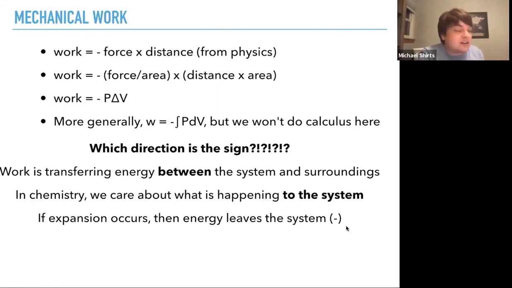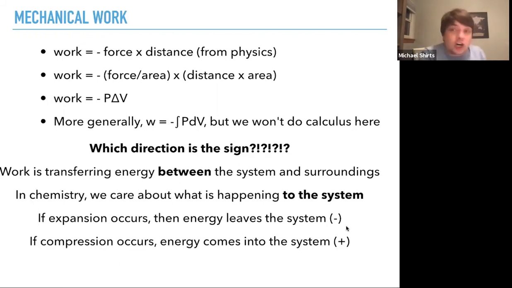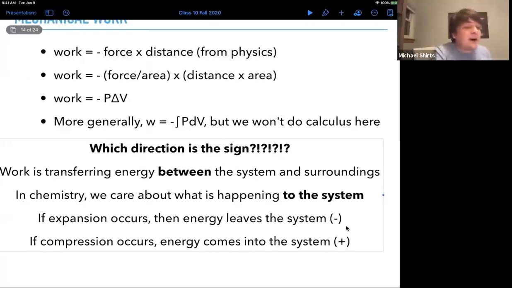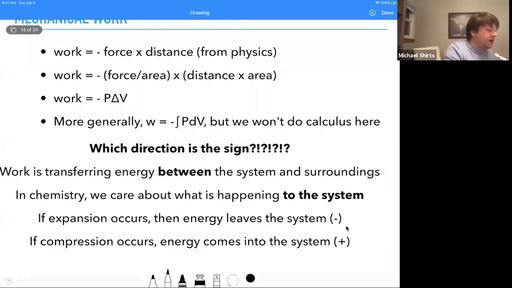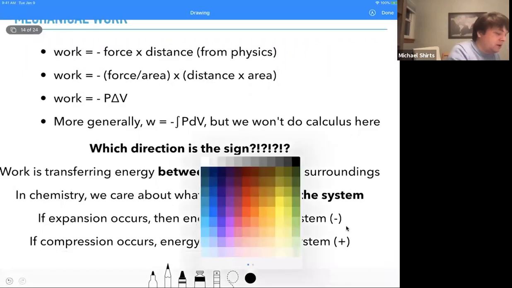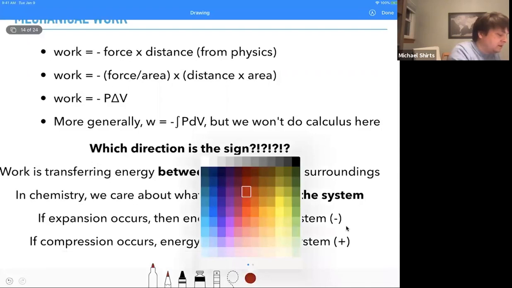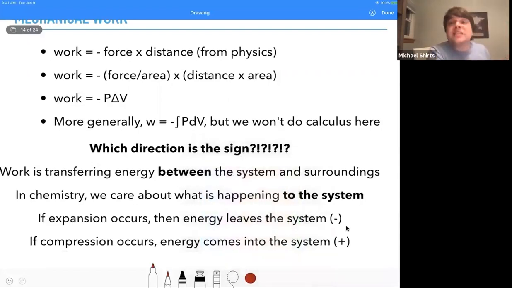If expansion occurs, the energy leaves the system. If compression occurs, then the surroundings are pushing into the system and adding energy into the system. It's positive. You can imagine a different convention, where what you care about is the work that you can get out of the system.